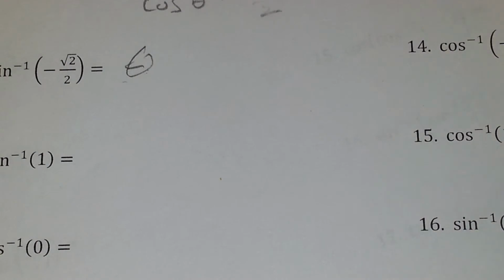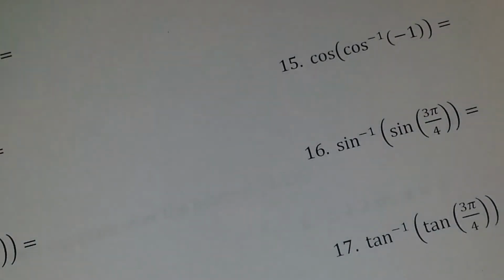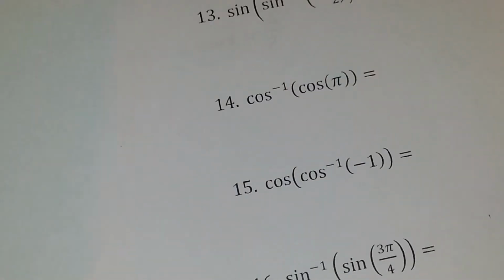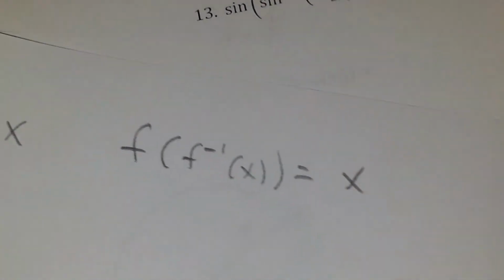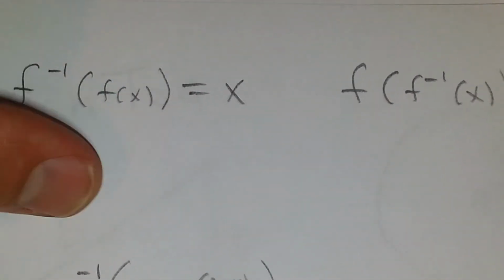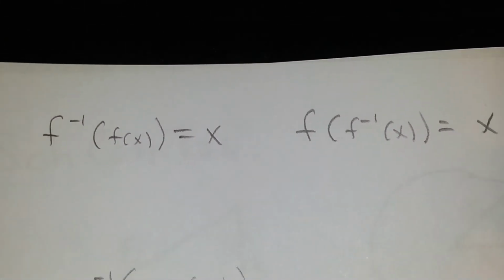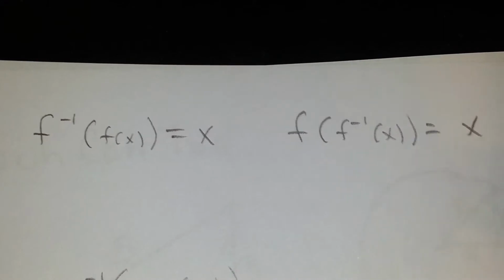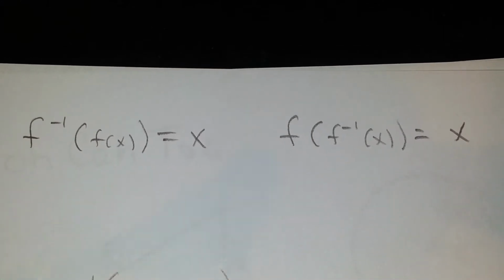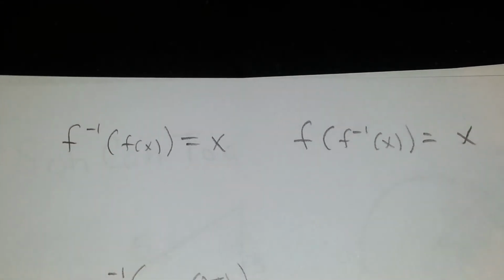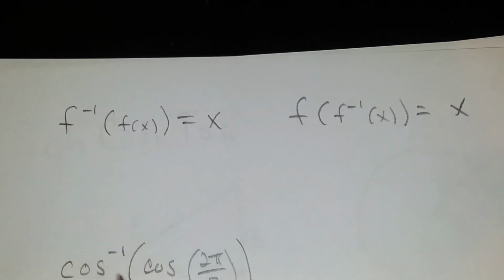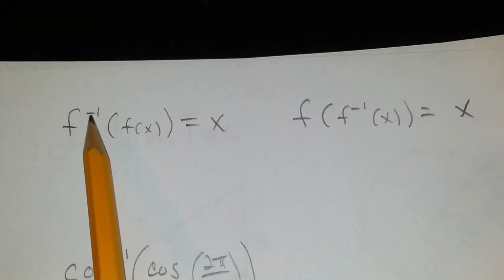All right. Now, let's talk about inverse functions here. Remember what we do with composite functions. If you took the composite of two functions, notice, when I take the composite, this is basically the inverse.